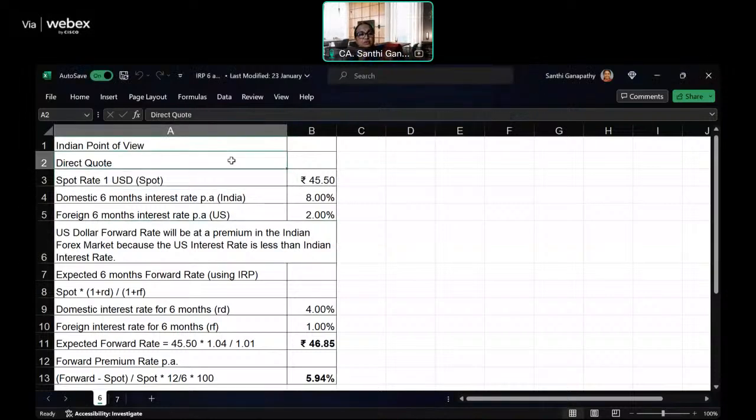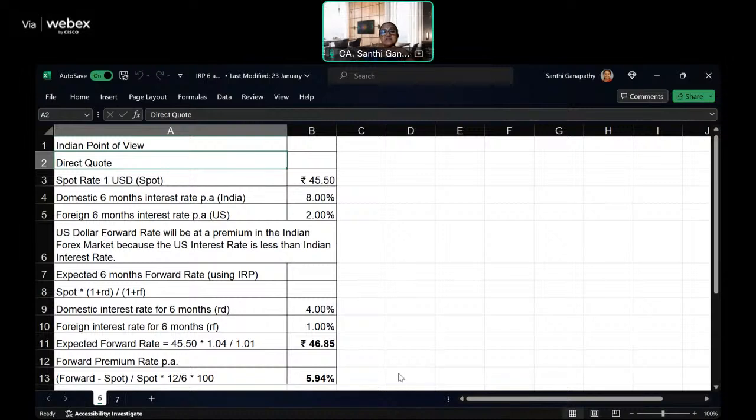We know that it is a direct quote. Spot rate is 45.5, given. Annual interest rate is given as 8% in India and 2% in US. But we are looking at a 6 months forward rate, so we have to scale down the interest for 6 months and find the expected forward rate.